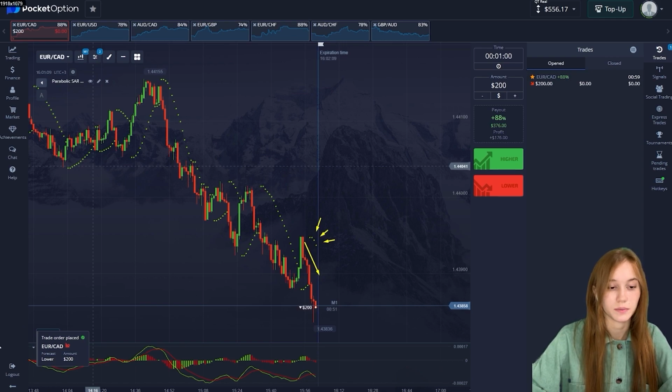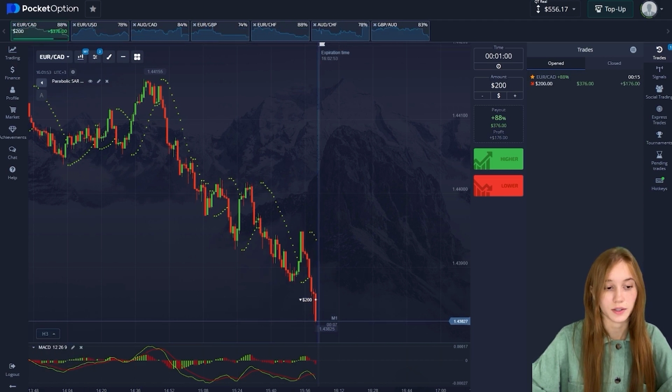Then we see the indicator and MACD, red bars. It's good signals. Decreasing is stable on our chart. It's good. Trend is going down.